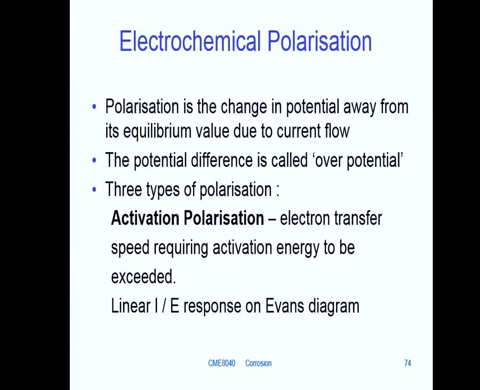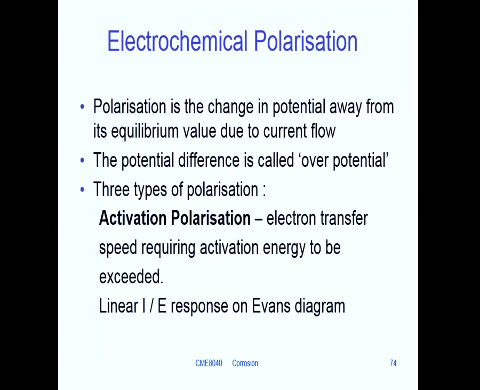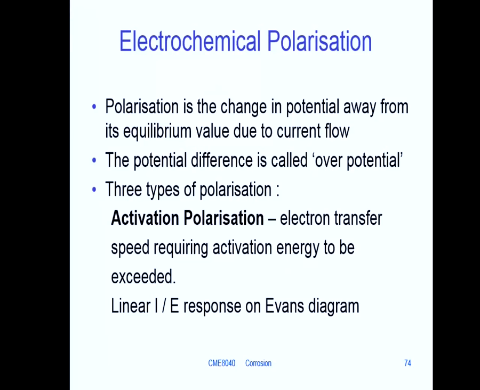So we're interested in what's going on at this interface between the solid and the liquid. And to get electron exchange, we have to exceed an activation energy for that. And that's all activation polarization is. You have to nudge the potential a little bit higher than you're anticipating in order to kickstart the reaction. Otherwise, the process is extremely fast.